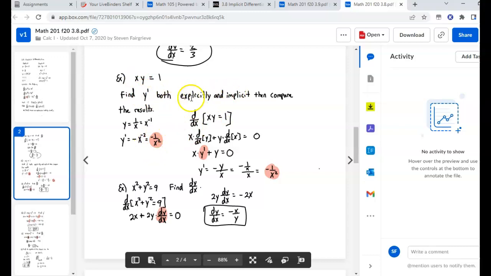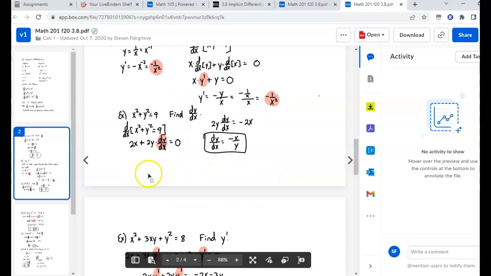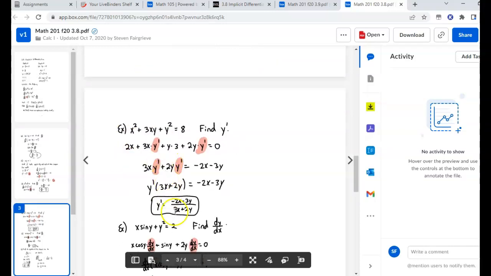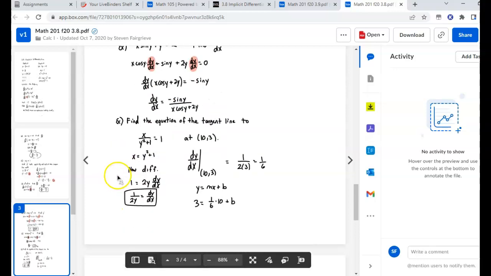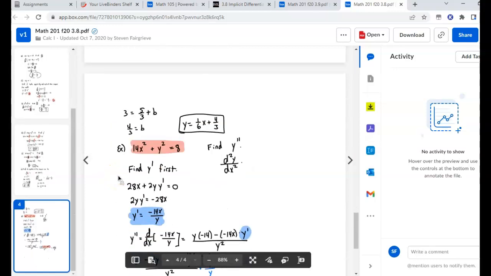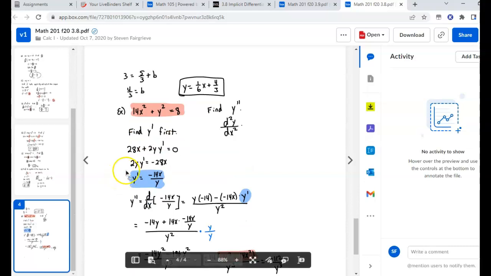In this example, we did it both implicitly and explicitly to see that they actually agreed. Here we just did implicit differentiation to find dy/dx, and some various other examples here with implicit differentiation. Okay. We then turned around and wanted to find the second derivative.